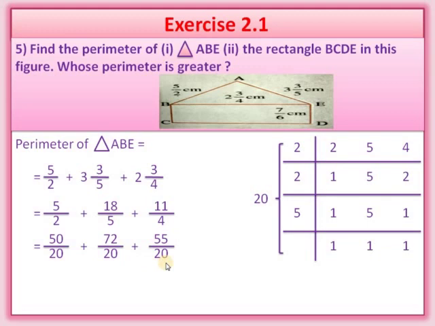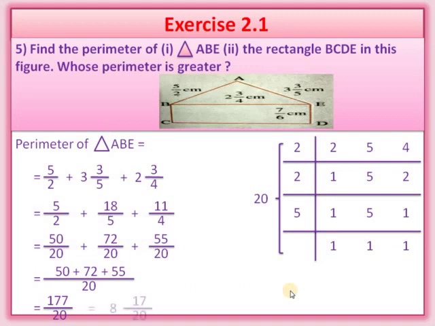Now all the denominators are the same. Okay, so 50 plus 72 plus 55, so the answer is 177 upon 20. Now which fraction is this? Okay, here it is not a proper fraction, it is an improper fraction, right?